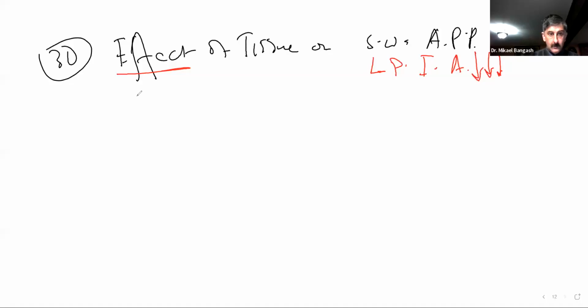Just to ask, is there anything else of the sound wave that can be affected as it passes through the tissue? Is there any other effect that the tissue may have upon the sound wave?